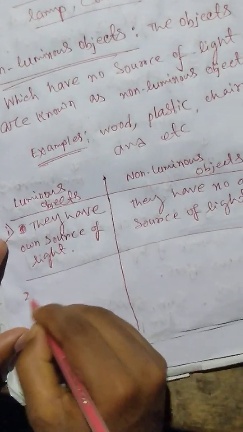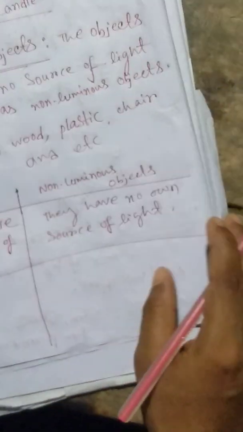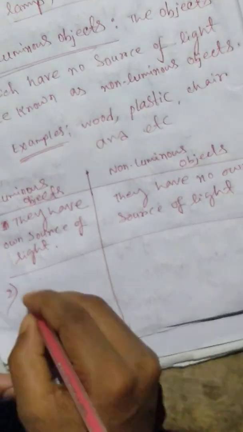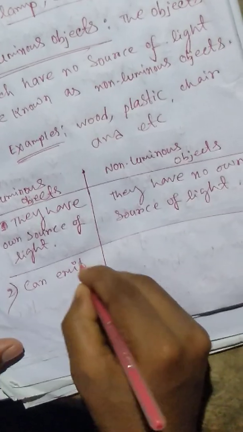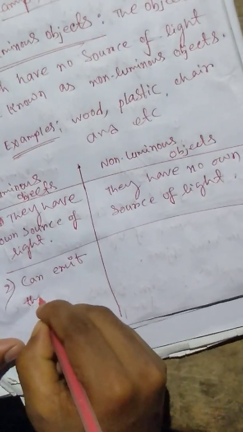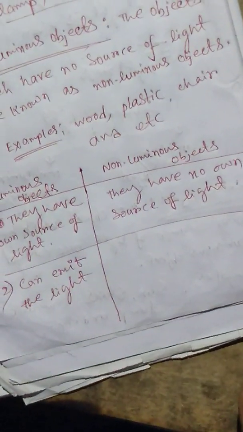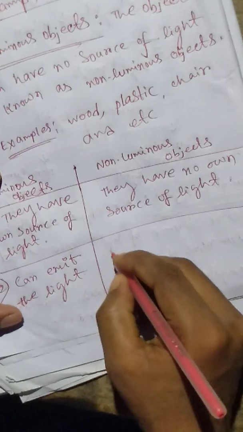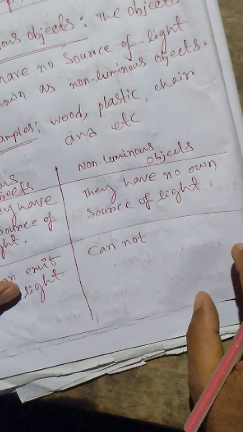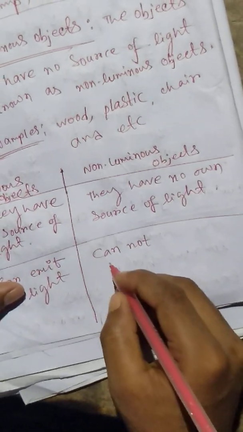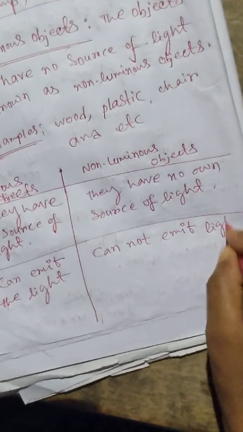The second difference: the luminous object can emit light, but the non-luminous object cannot emit light. I write in shortcut so that it takes less time.